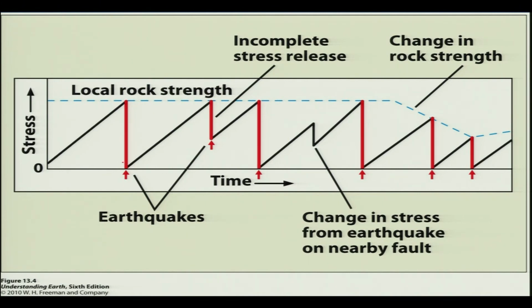Sometimes you have a larger earthquake, where the whole stress or energy which was accumulated was released, and then it started accumulating again. When the time came, similar to this, it did not release the full, complete energy or stress which was accumulated. This is what we call incomplete stress release.